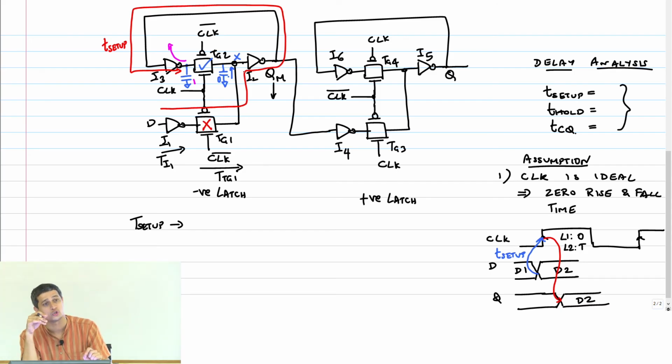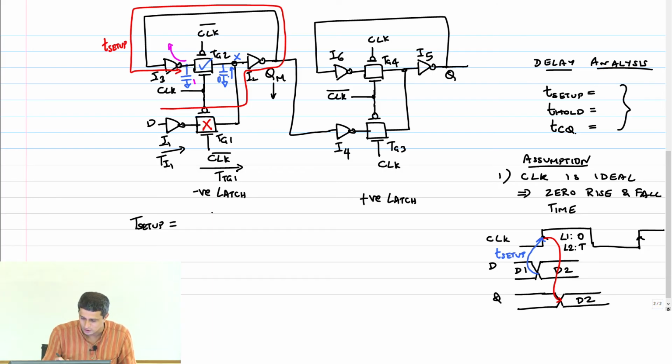If you ensure that the data settles by this time, you are 100% guaranteed that the data will be captured correctly. Okay. So therefore, T setup, I am going to write it out as T of I1 plus T of TG1 plus T of I2 plus T of I3.